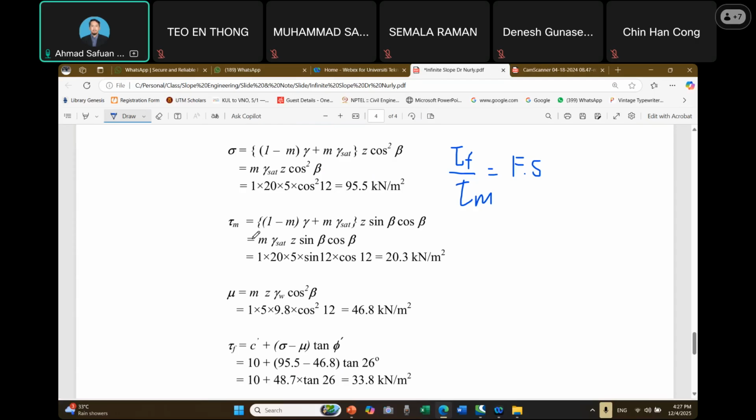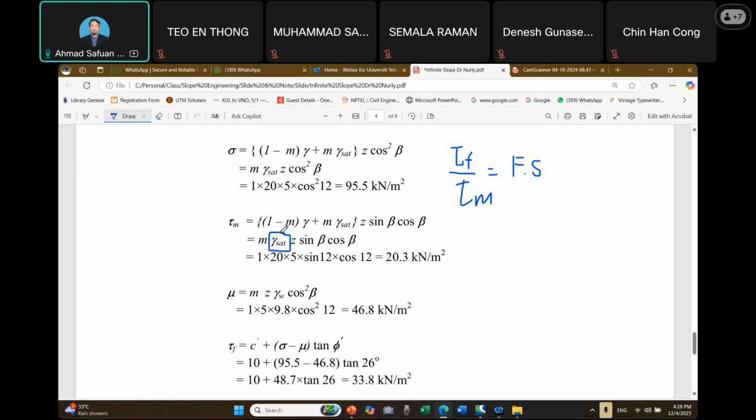Because I mentioned for the tau m, the saturated unit weight is used and not an effective unit weight. So it means that you need to use this saturated unit weight, not the effective unit weights.